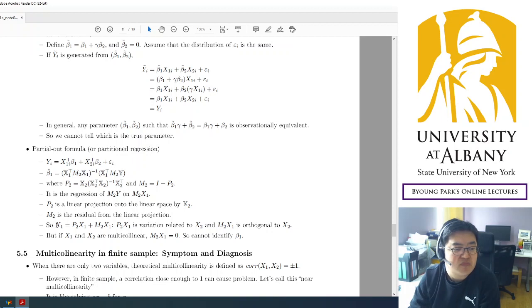So you are splitting x1 into a part that's explained by x2 and the remainder which is not explained by x2. And what you need is the remainder, the residual. So the residual is the controlled variation.